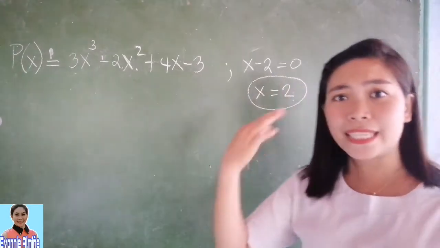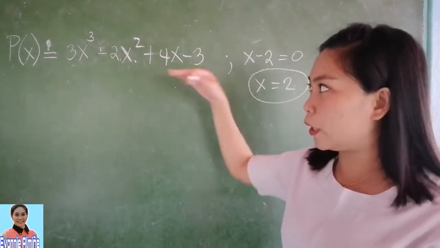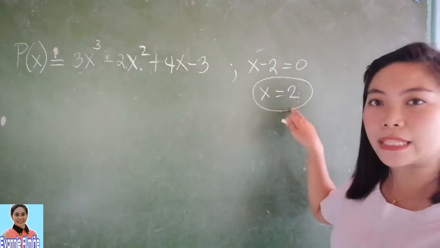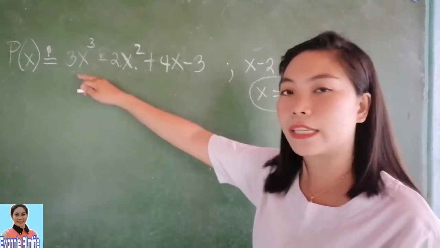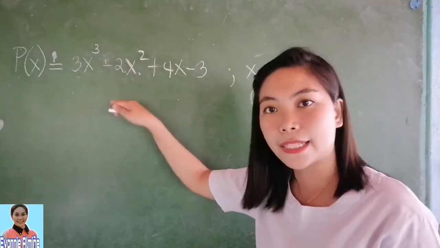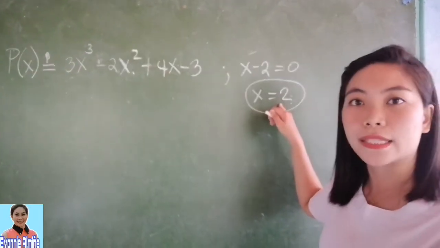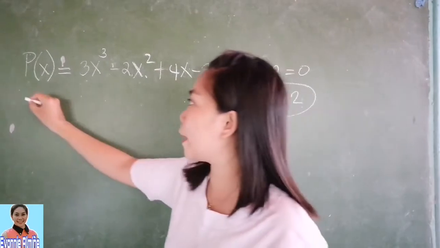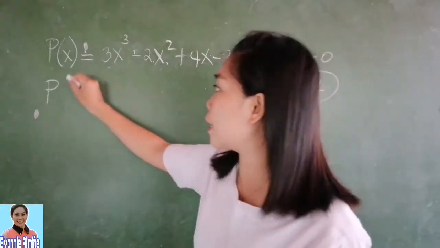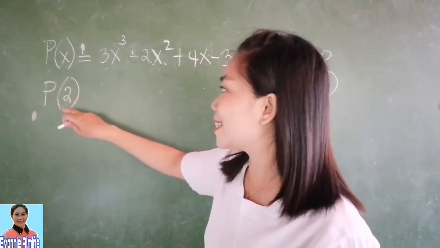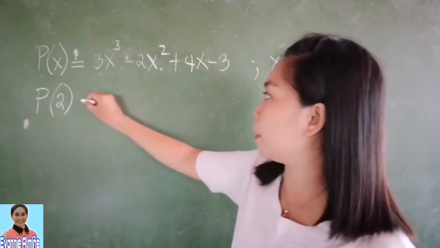Then, since we are going to evaluate the polynomial, the value of x is 2, then we are going to substitute all the given x, the given variable x, to the value as 2. So, what will happen? So, itong p of x, hindi na po siya p of x, gagawin na po natin siyang p of 2 since i-evaluate po natin sa polynomial.